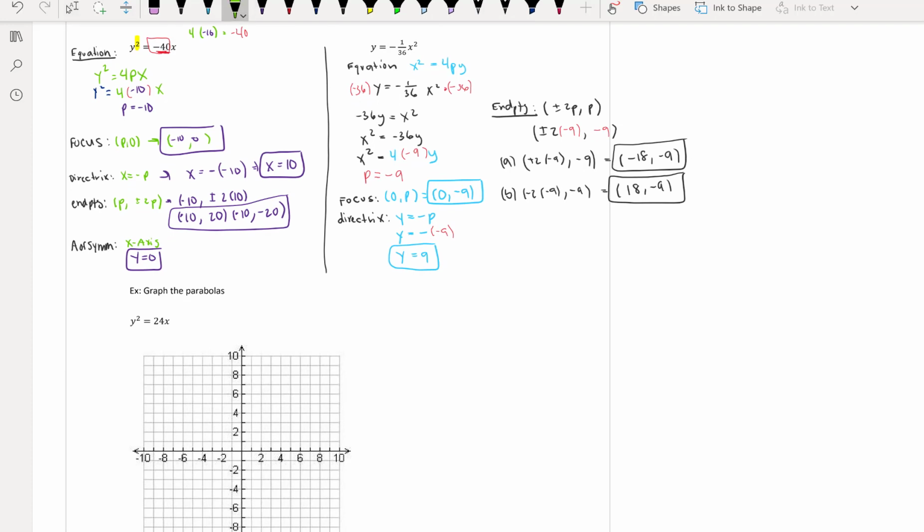So when I have that y squared, I should be thinking of it as 4px. So if I'm thinking about 24 here, well, 24 divided by 4 would give me a 6. So here my p-value is equal to 6. Okay. All right.